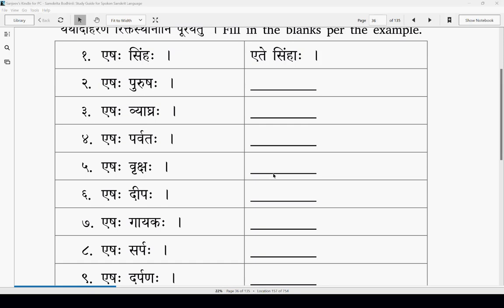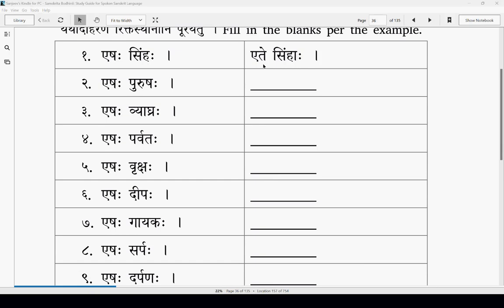These affixes, are they going to remain the same? Ete, is that the question?